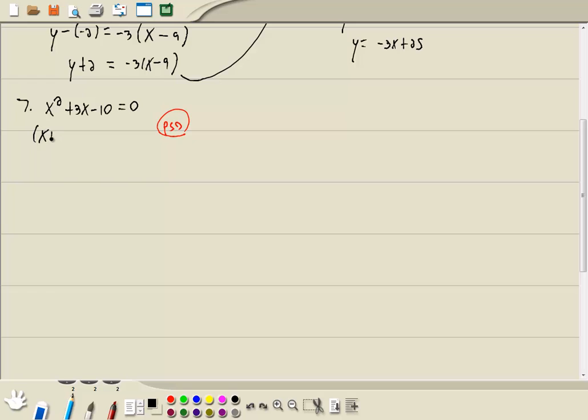So we got x plus 5 times x minus 2. Now the zero factor property says you get 0 on one side, you factor the other side, and you set each factor equal to 0. So I'll set x plus 5 equal to 0 and x minus 2 equal to 0. So we got x is equal to negative 5 and x is equal to positive 2.